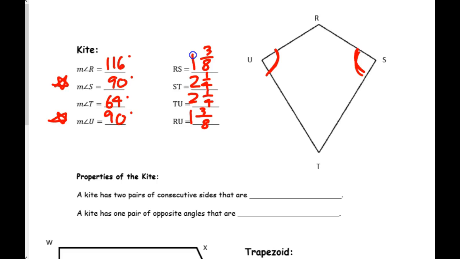Okay, so we end up with 2 pairs of congruent sides. RS and RU ended up being the same. ST and TU ended up being the same.